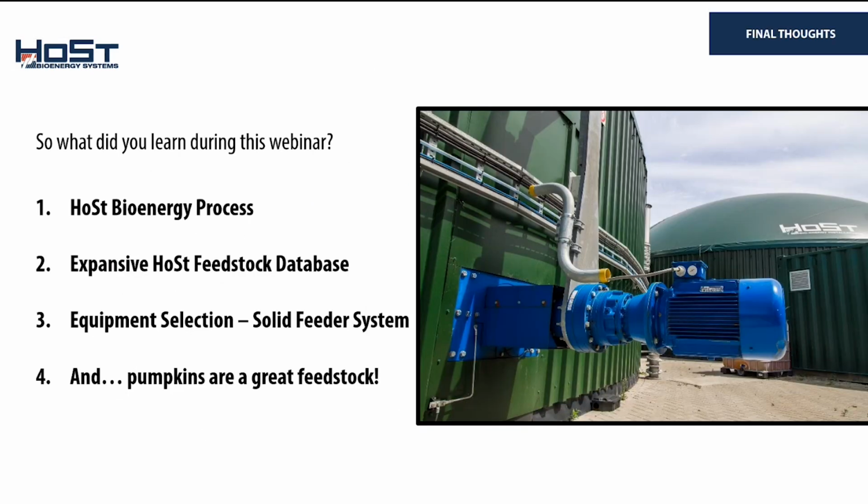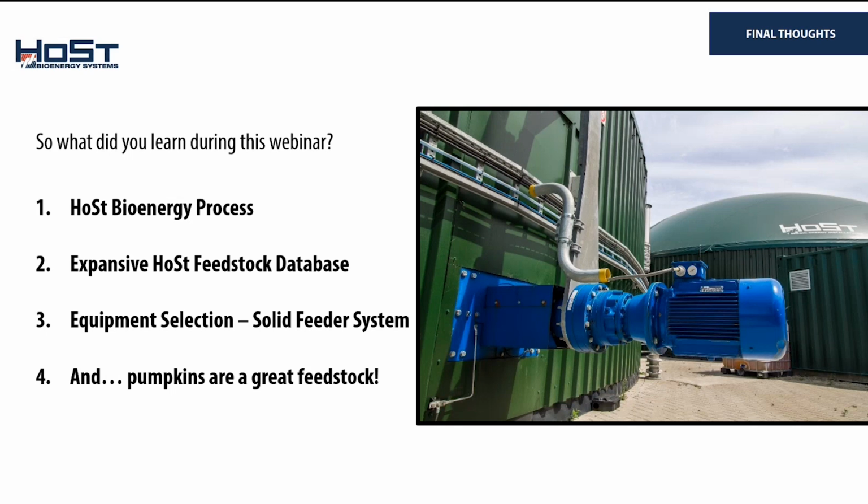So what did we learn during this webinar? We learned about the HoSt bioenergy process, how to take inputs, select your digesters, and model the outputs. We touched on the expansive HoSt feedstock database, which we believe is second to none in the world. We've had our own laboratory, and we've been testing various feedstocks for decades, and we have over 100 operational biogas projects worldwide.